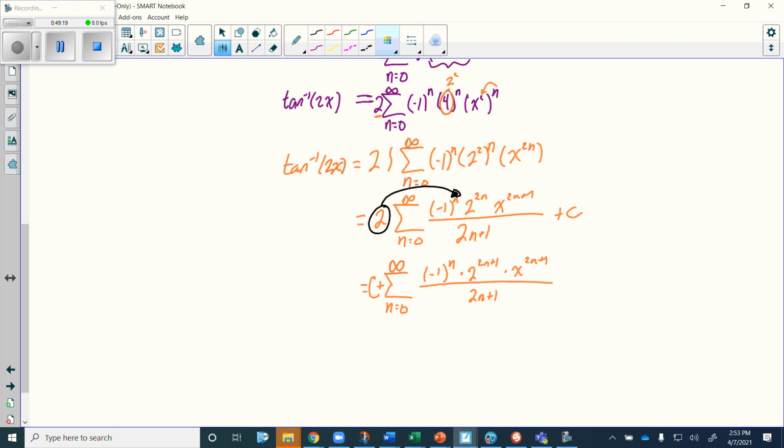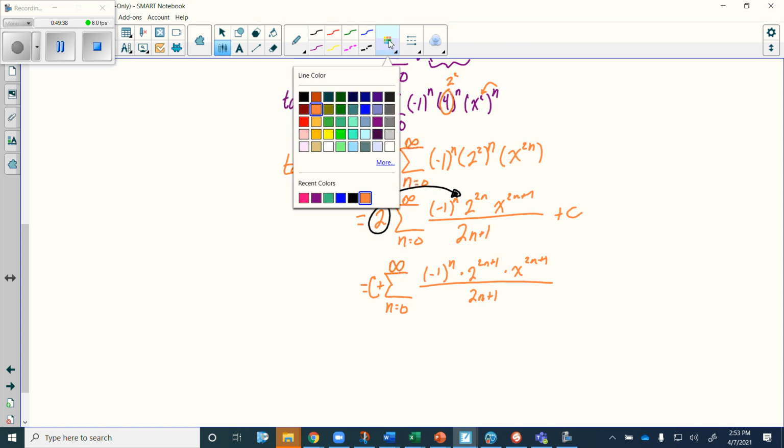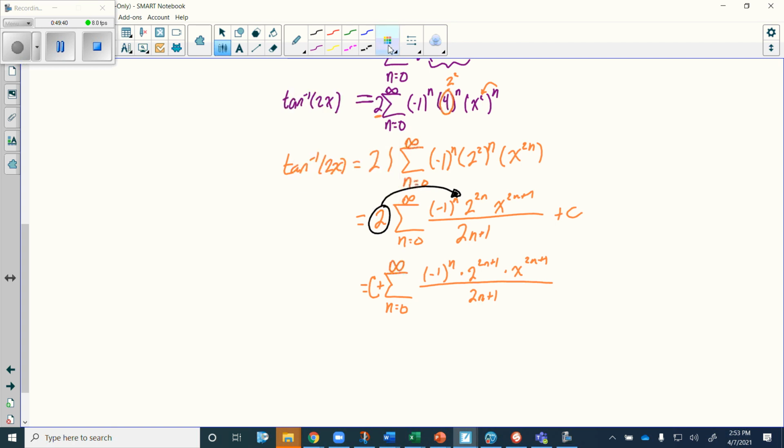And that is going to be my final expression. The only thing that we want to check is what is the value of c going to be. So we can check this when x is equal to 0. So if I have x is equal to 0, let's get a color here that we can substitute.